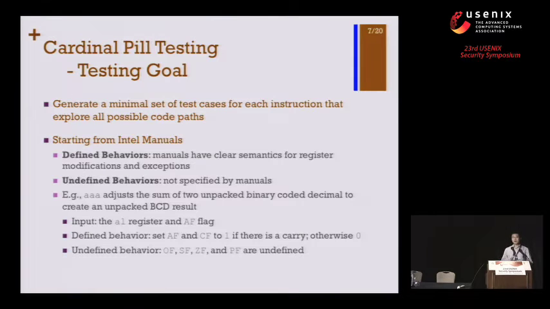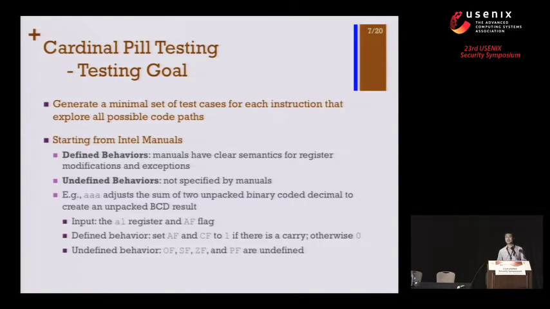Okay, so our goal of system testing is to generate a minimum set of test cases for each instruction that can explore all code branches. So we start from the Intel manuals and analyze 2 kinds of behaviors. The first one is defined behavior.